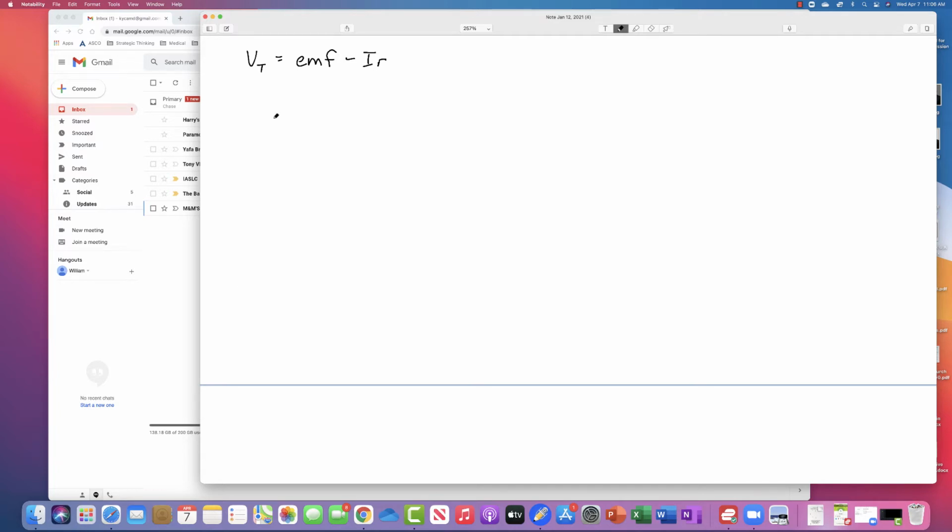Okay, if you plug those numbers in, the terminal voltage will equal 1.54, which is the EMF, minus 2, which is the current, times 0.1, which is the internal resistance. You do the math here and you get 1.34 volts. So the terminal voltage is 1.34 volts.